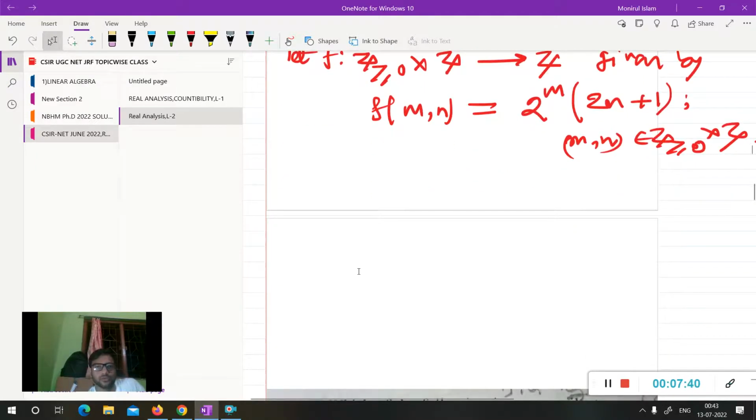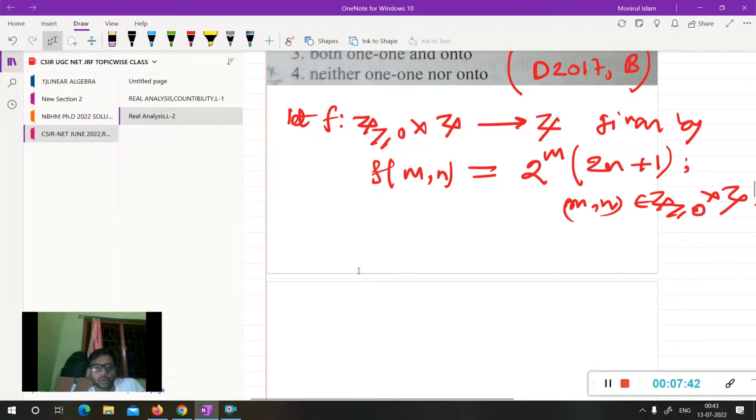If this mapping is onto, then each element of the codomain will have a preimage here.